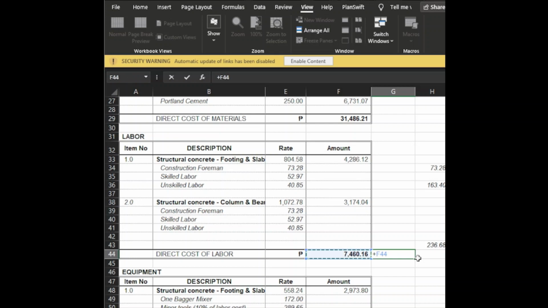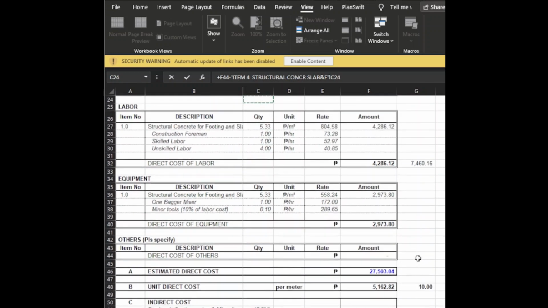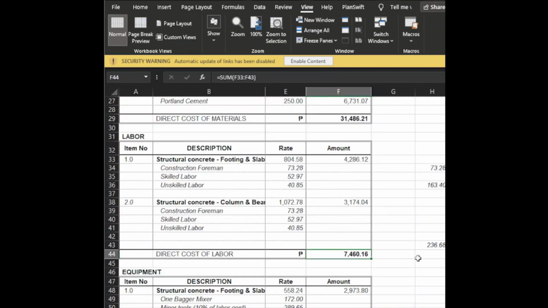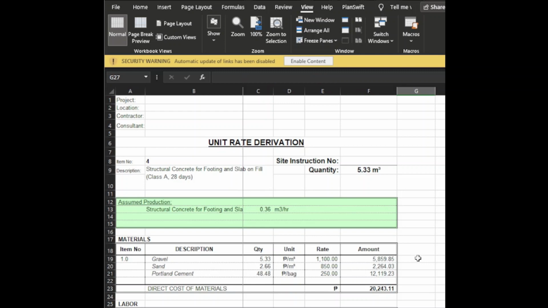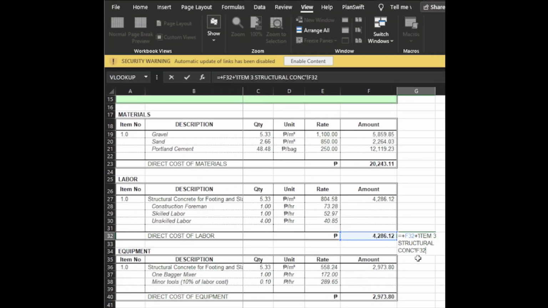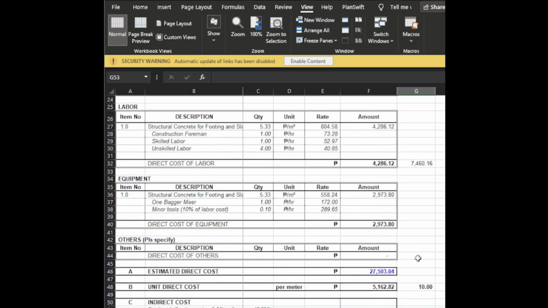So let me check. I will minus that one from the previous 7,460. Okay, it's already right. This is the total of the sum of the other item and also this item, so 7,460.